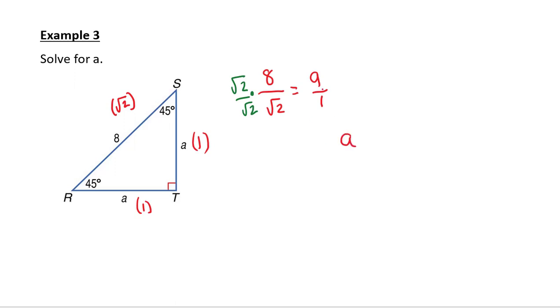So A, that's an A, not a 9. On the top I have 8 root 2. Root 2 times root 2 is 2. Since these are being multiplied, I can cancel the 8 and the 2 to get 4 root 2 is equal to A.